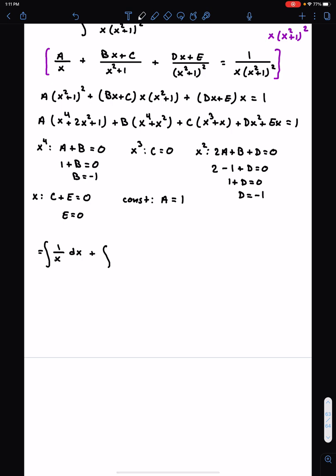So plus the integral of negative x plus 0 divided by x squared plus 1, plus dx plus e, so plus the integral of negative x plus 0 divided by x squared plus 1 quantity squared dx.